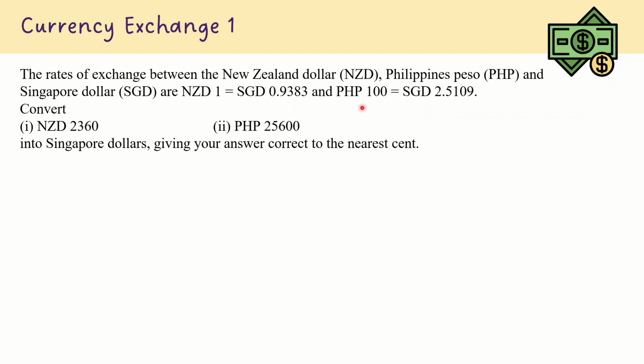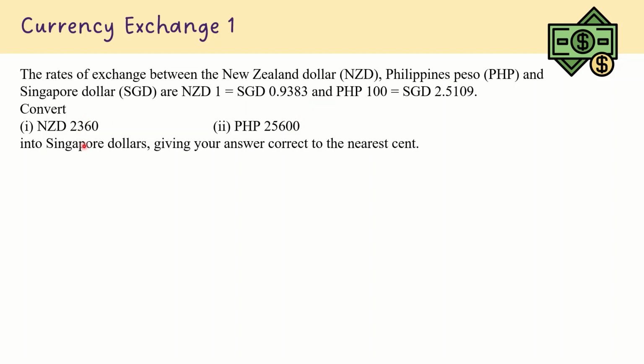Do notice that in Singapore currency, in terms of our cash denomination, we don't usually have additional third or fourth decimal places. But when it comes to exchange rate, there are usually higher decimal places so that the exchange is more accurate.